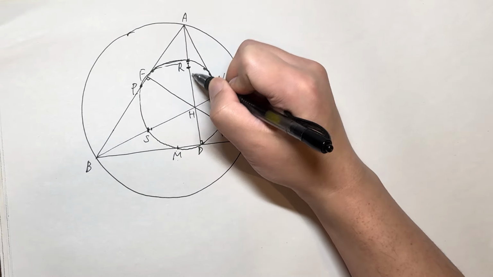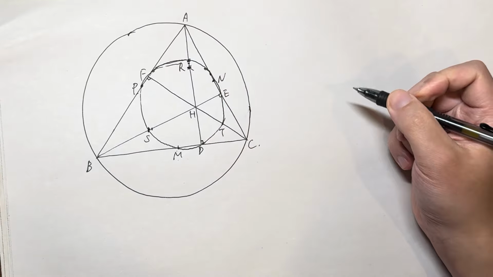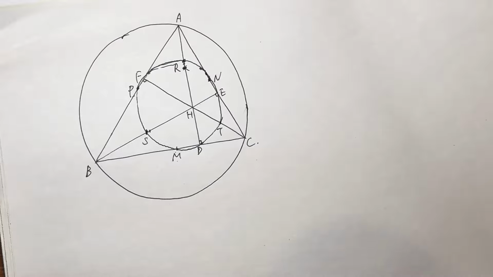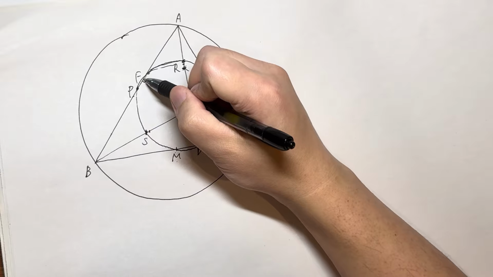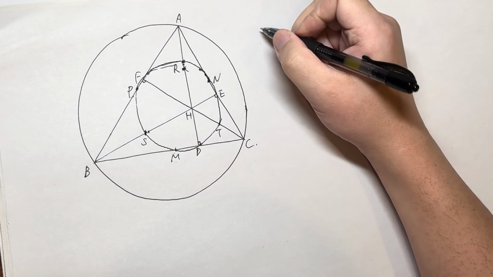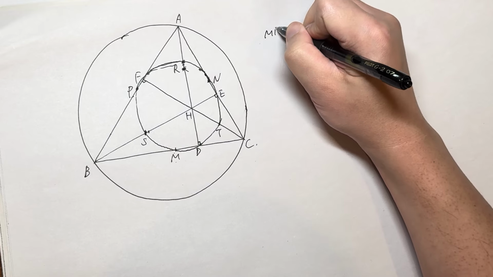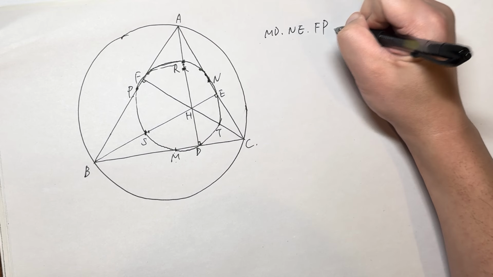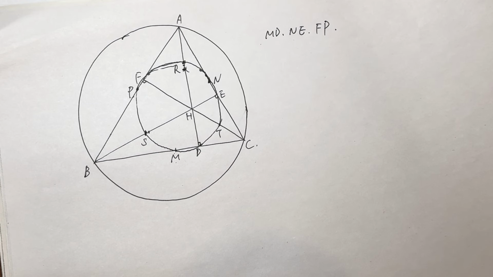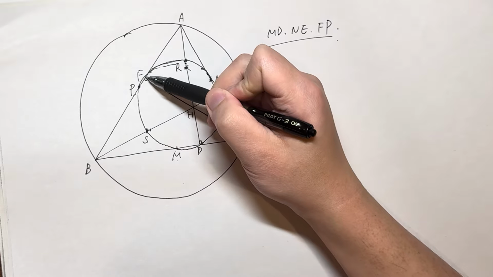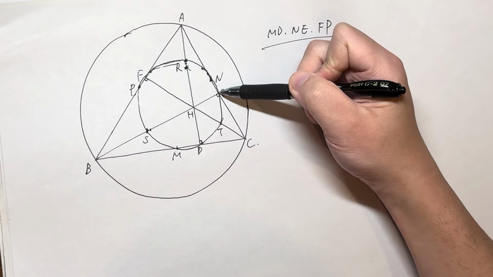Right, this is R. Okay, it's a difficult figure. And we want to find the segments cut by the 9-point circle on the 3 sides. That is MD, NE, and FP.